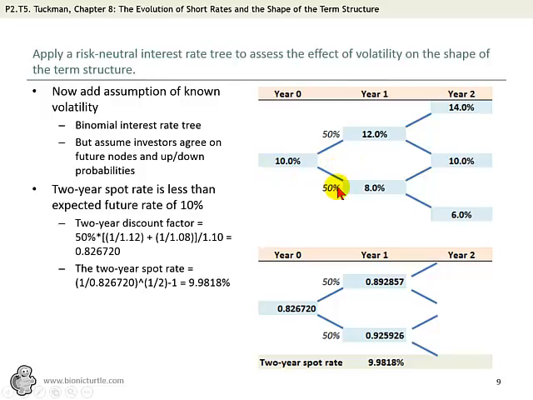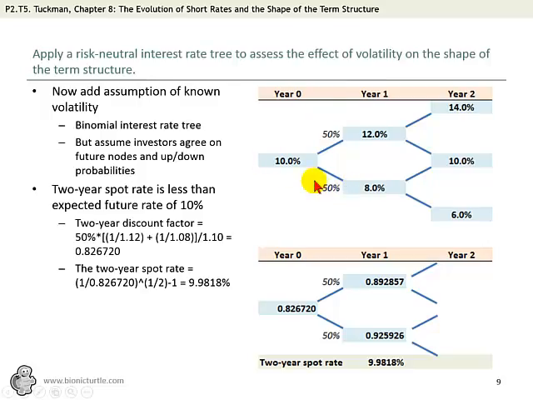Notice how volatility is being modeled here. In the binomial tree, we're not sure if the rate is going to evolve up or down, yet there is investor consensus or agreement on what those nodes are. So it's a very specific kind of uncertainty that's being modeled here.